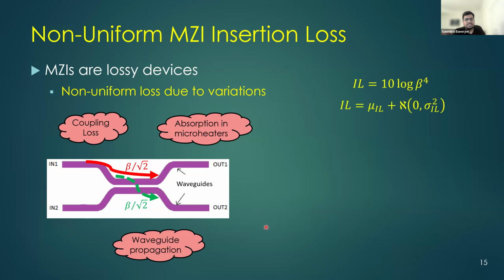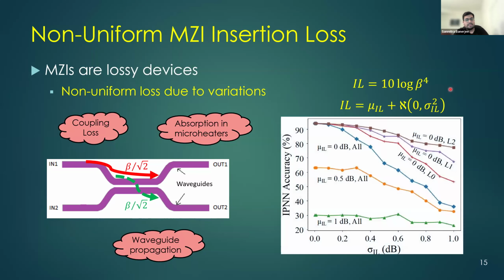We model this by adding a loss function to the MZI transfer function, and to introduce non-uniformity in this loss function, we also assume that it has a spread. So there is a mean background loss across all the MZIs, and also there is a spread. As you'll see in the results, this spread also matters, even if you have a constant background loss, for example in this case, the blue line here.